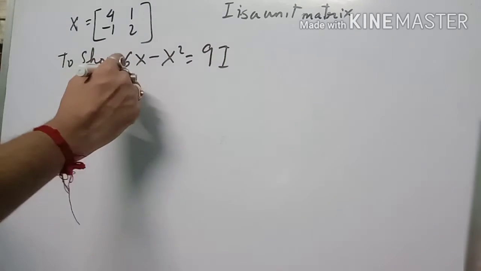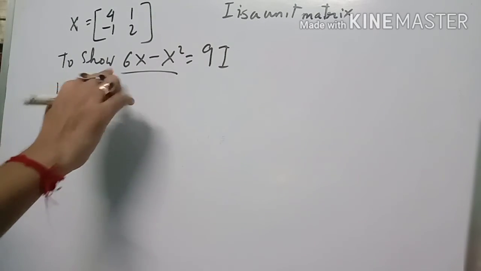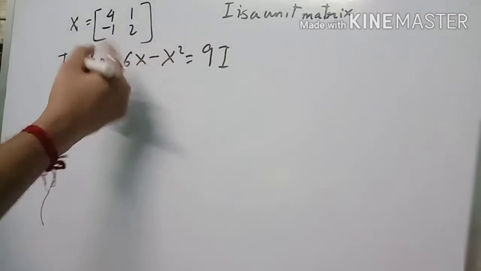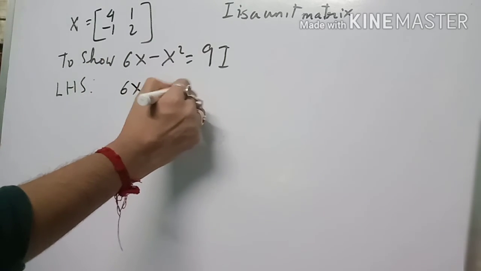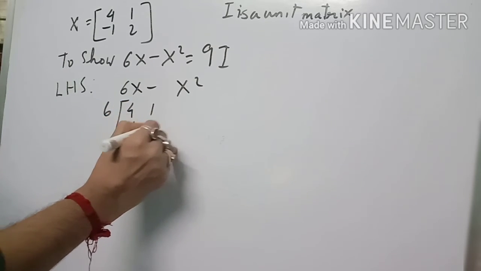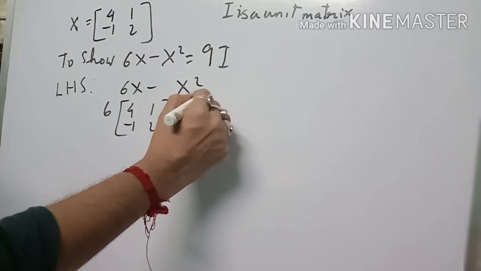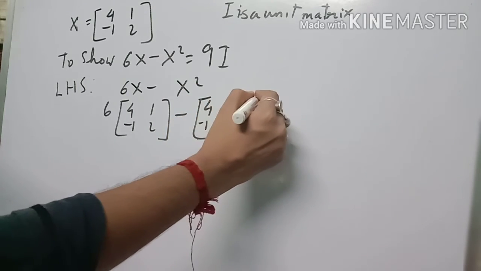Let us solve this with LHS, and this will lead to RHS. So LHS is 6X minus X square. Let me write it down like this: 6 times 4, 1, minus 1, 2, minus X square. I think we can manage the multiplication here.